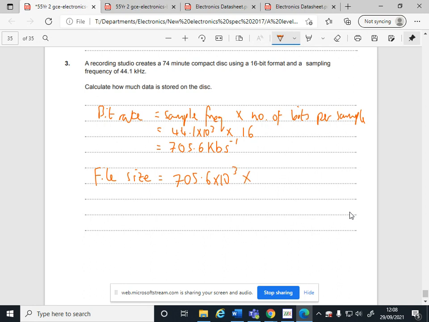Multiplied by the number of seconds. Because it's per second, to get rid of the per second, we multiply by seconds. So how many seconds? There's going to be 74 times 60 seconds. So essentially, to get rid of the per second, we multiply by seconds. That's how you get your file size.